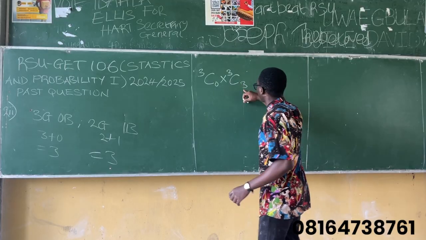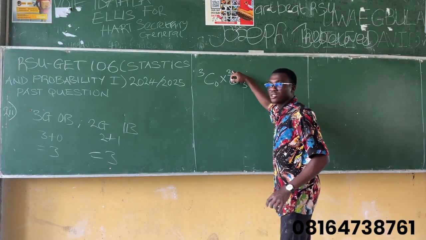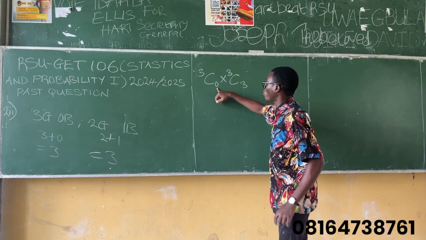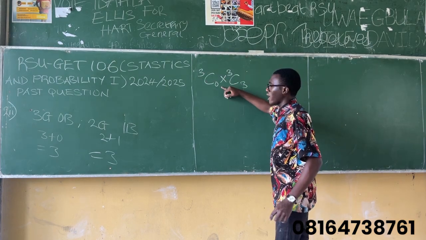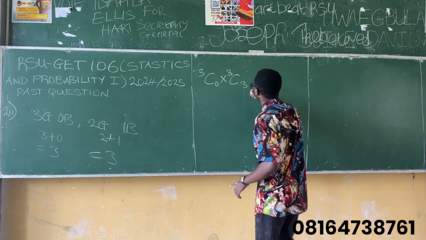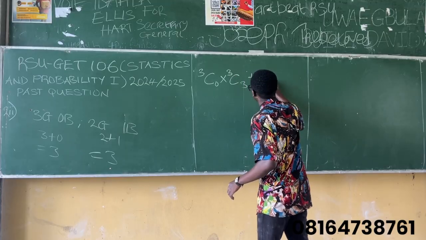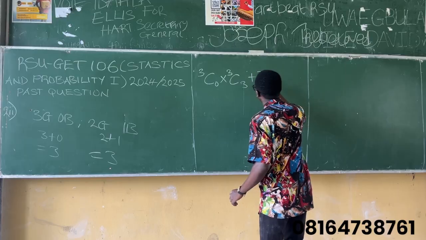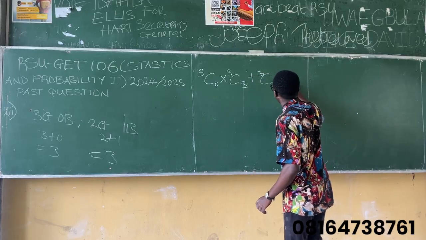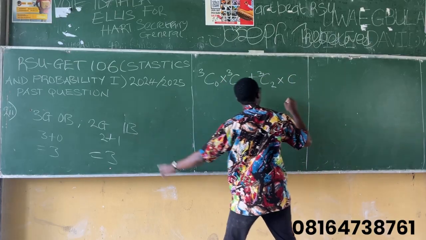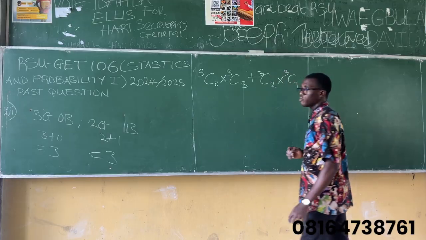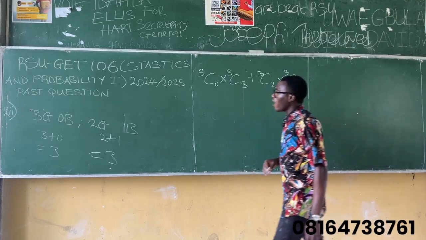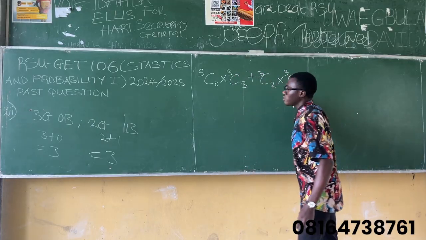Because in order to select 3 girls for the 3-member committee, it means you're selecting 0 boys for the 3-member committee. So we multiply, rather. Then you add this with selecting 2 girls for the 3-member committee multiplied by selecting 1 boy for the 3-member committee.